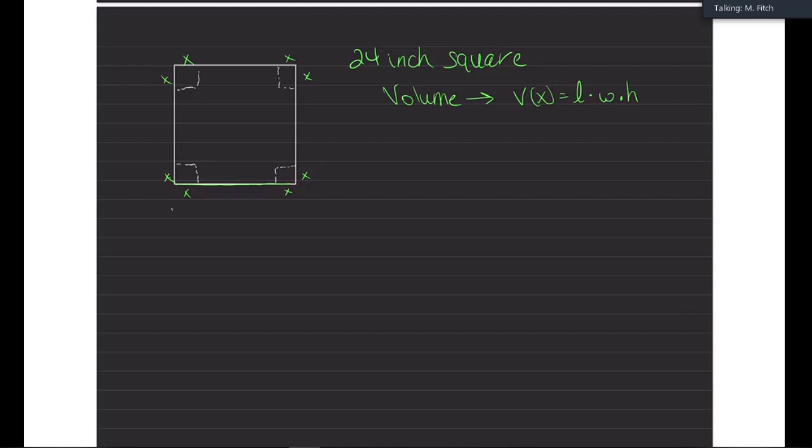So to figure out this whole entire side, we had 24 to start with, but then we cut off this x and this x. So we actually cut off 2 x's.